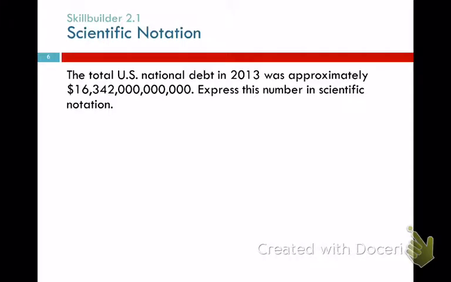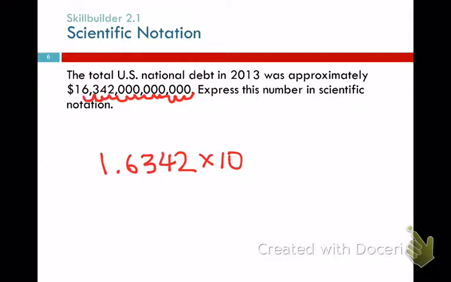The number part is just going to be 1.6342 times 10, and then I just have to figure out what this exponent is. So you just start here. This is 1, 2, 3, 4, 5, 6, 7, 8, 9, 10, 11, 12, 13.